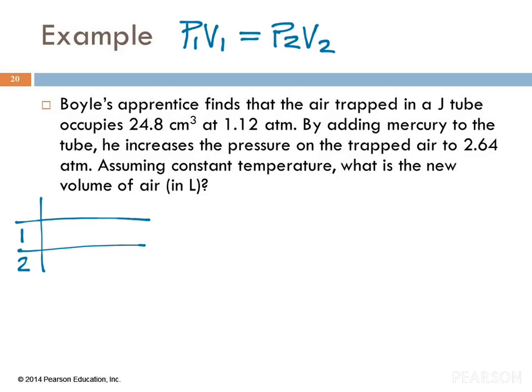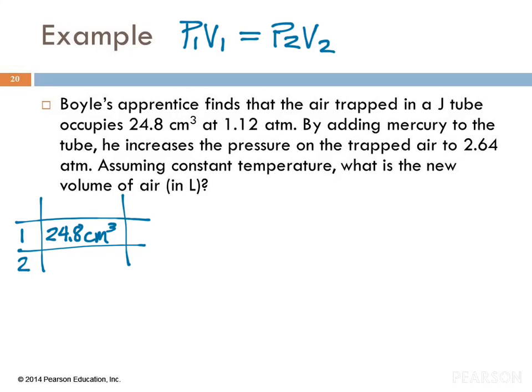One and two. And so you read through the whole question and then go back and pick out the numbers. The first number is 24.8. So I'm going to write that in here, 24.8 cubic centimeters. And then I say to myself, what does cubic centimeters measure? Volume.